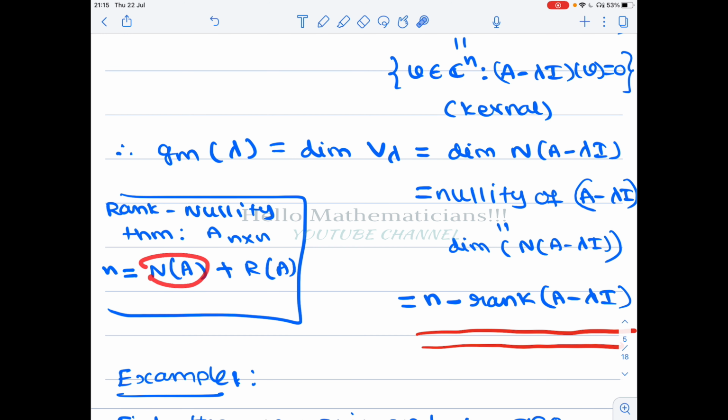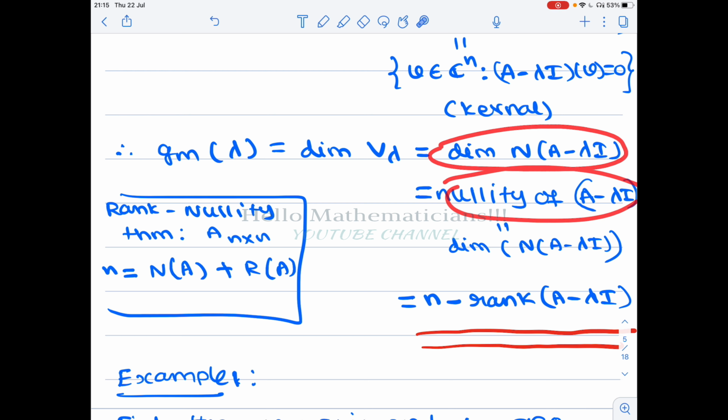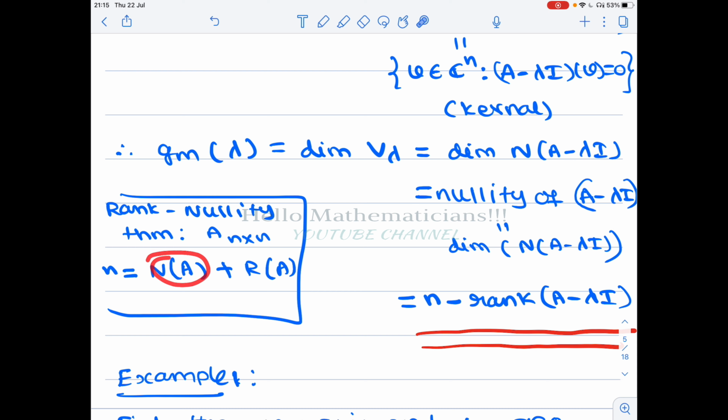The nullity of A is the dimension of the kernel, and the rank of A is the dimension of the range space. So the nullity of A minus lambda I means the dimension of the null space, which is equal to n minus the rank of A minus lambda I. From this result we get this.